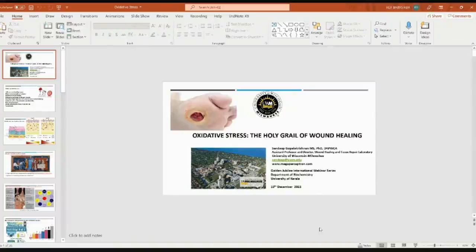Another focal area that I have is understanding the mechanisms of chronic non-healing wounds. The title, as you can see from the presentation today, is Oxidative Stress, the Holy Grail of Wound Healing.